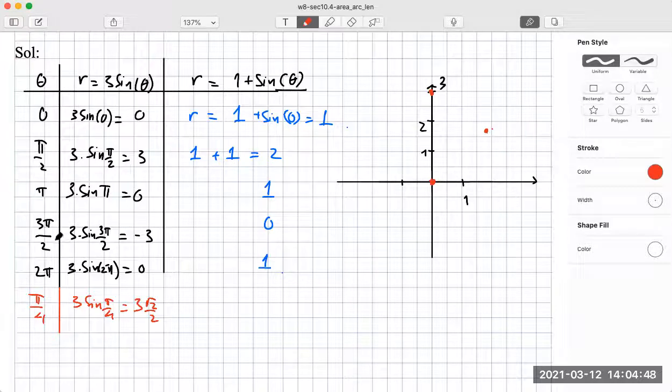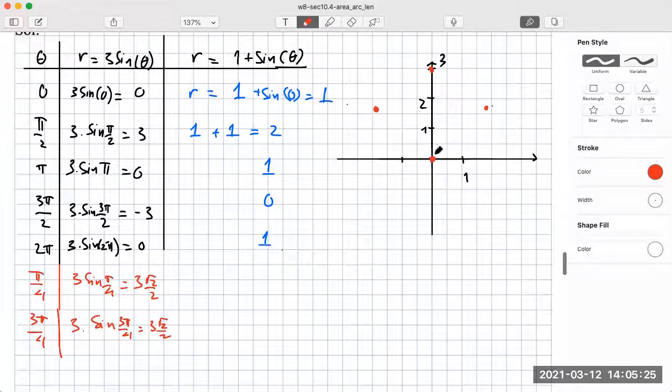And here, at 3 pi over 2, it will be -3. So let us pick a point at 3 pi over 4. It will be 3 times sine of 3 pi over 4, which is the same as 3 square root of 2 over 2. 3 pi over 4 is this angle, then we have this point. At pi, it will go back to the origin.